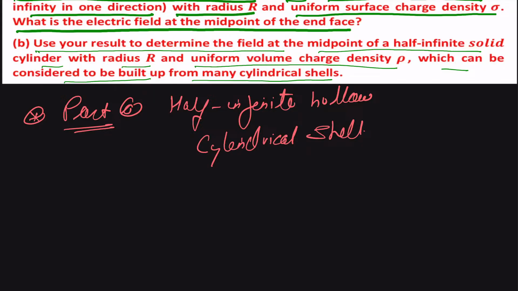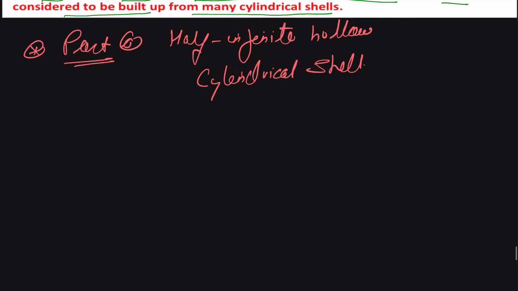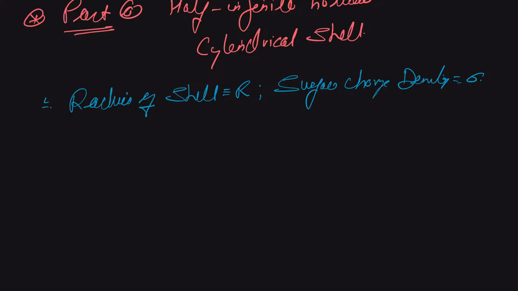We are given that the radius of the shell is given as r, and surface charge density is also given to us as sigma. Okay, and the point where field is to be found out is given as center of the end face.